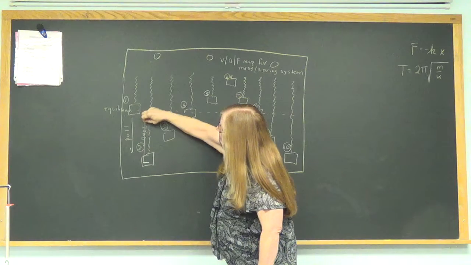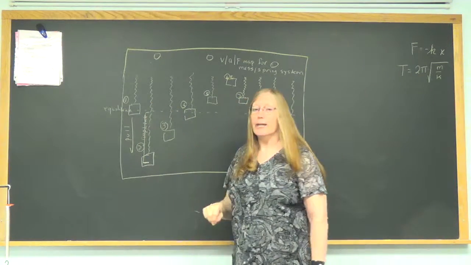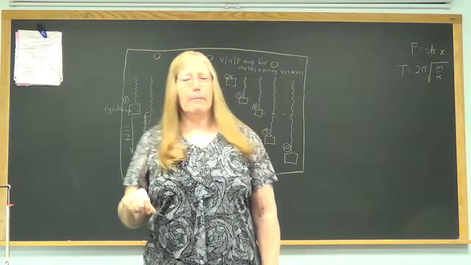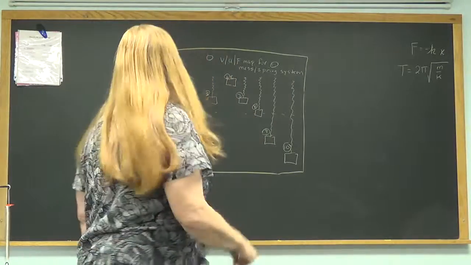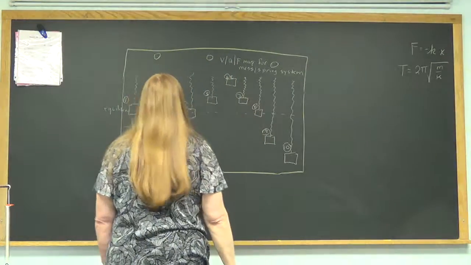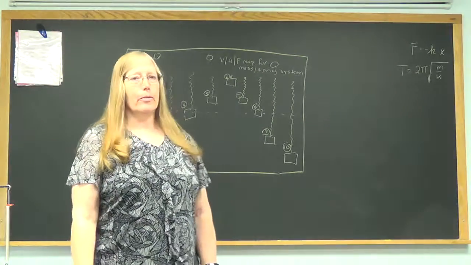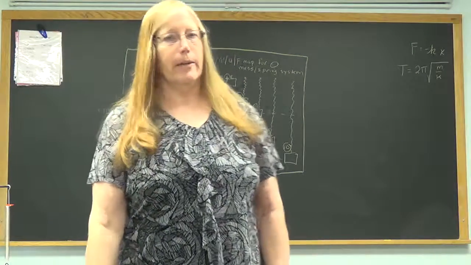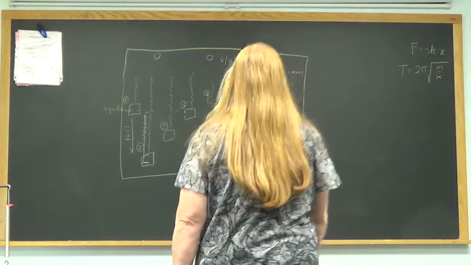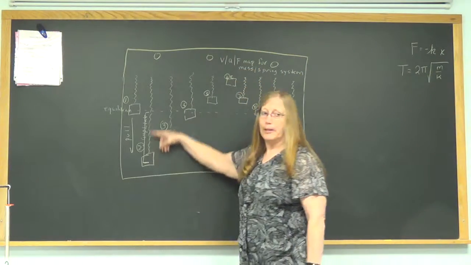How many times do you see an amplitude again on this map? John, how many other times do you see an amplitude? Does going above equilibrium count? It's the furthest away that it will go from equilibrium. Where else does it happen? Does it happen at 6? Yeah, it happens at 6. Mine doesn't look like it's the same, but it's supposed to be.